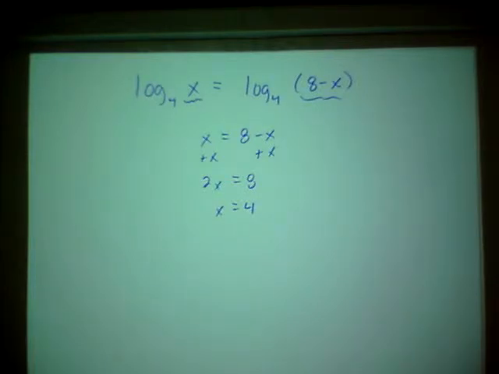This is not optional. You have to do it. And sometimes what you may end up with is, of course, you can never have a negative number inside of a log. Sometimes a solution may cause that, or there are other things that may happen. So we always have to check our solutions.